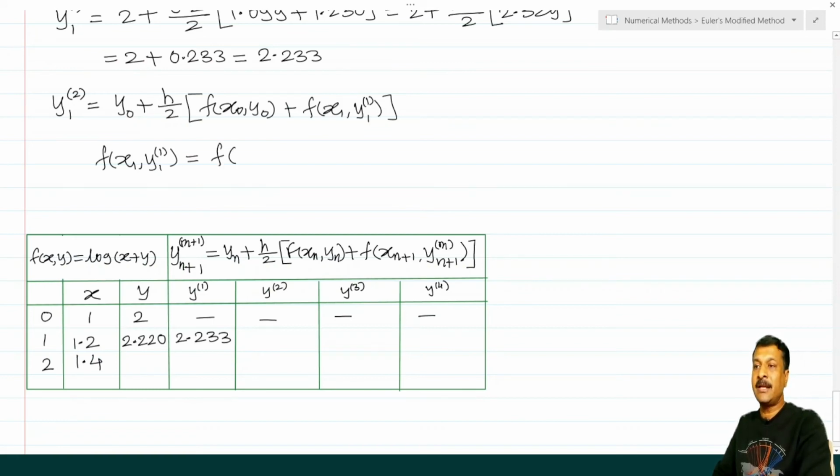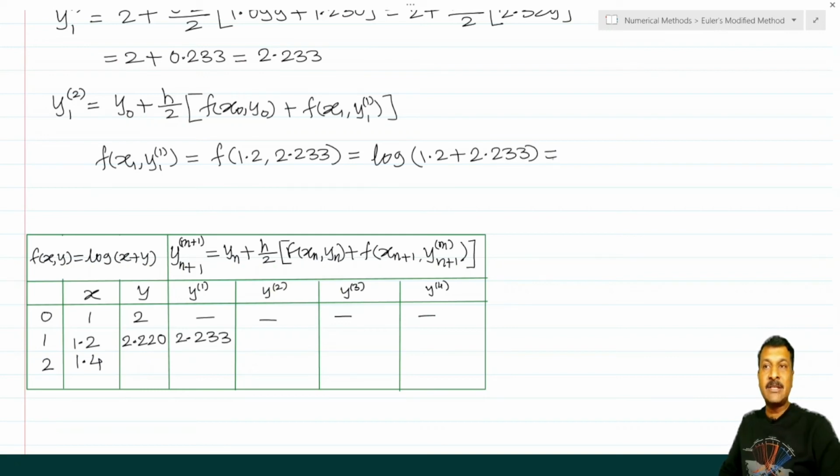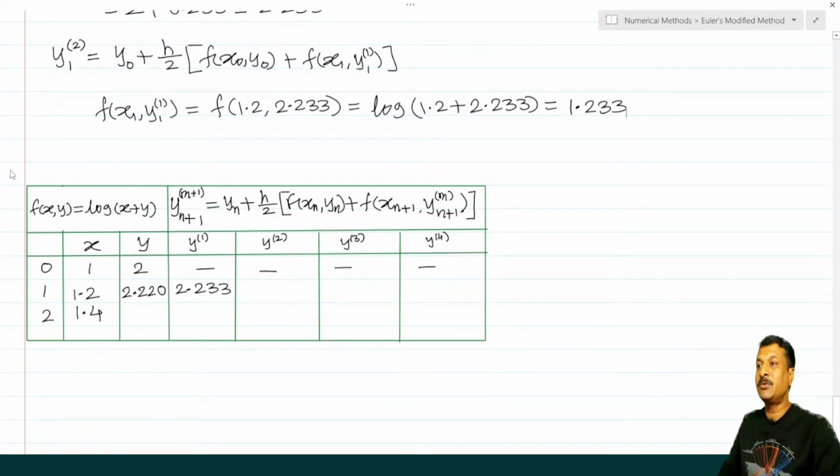So x1 is 1.2 and recent value of y1 is 2.233, and that is equal to log of x plus y. We have this formula f of x y, log of 1.2 plus 2.233. So by using calculator and natural log, ln in bracket 1.2 plus 2.233 bracket close, and that is equal to 1.233.